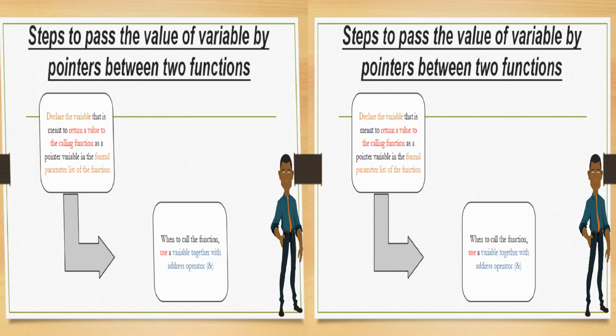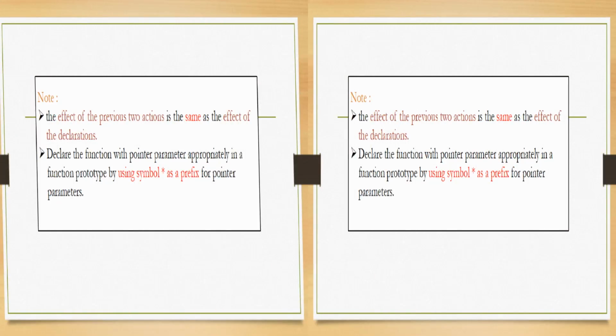Steps to pass the value of a variable by pointers between two functions. First, declare the variable that is meant to return a value to the calling function as a pointer variable in the formal parameter list of the function. Second, when calling the function, use a variable together with the address operator &. Guys, you must take note that the effect of the previous two actions is the same as the effect of the declarations.